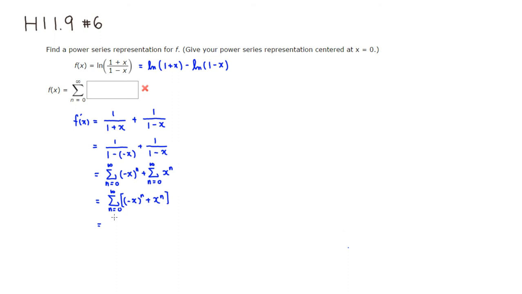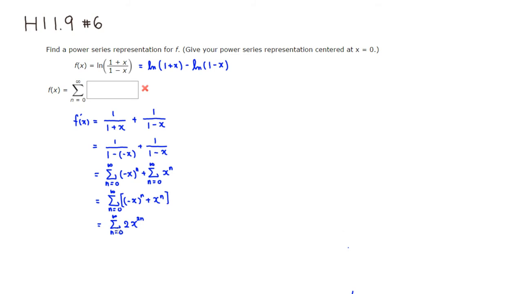They cancel out. So what you end up getting is the summation, n goes from 0 to infinity, of 2 x to the 2n, because when n is even we have 2 of those. But when n is odd, they cancel out, so you just get that.